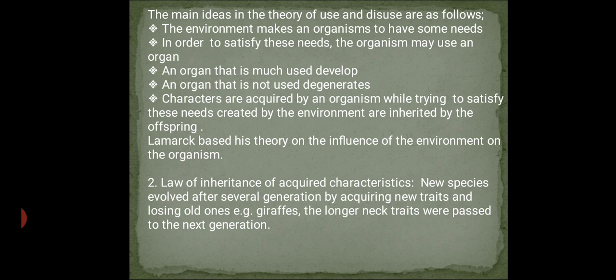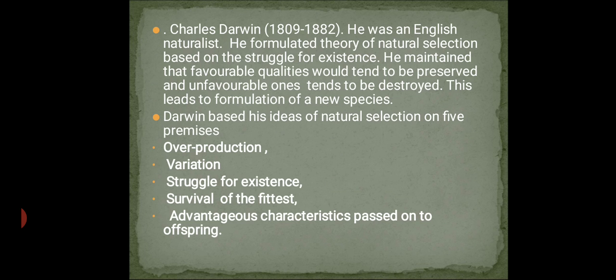For example, the giraffe's longer neck trait was passed to the next generation because they acquired it and they now transmit it, or pass it, to their young ones. That is all about Jean Lamarck.